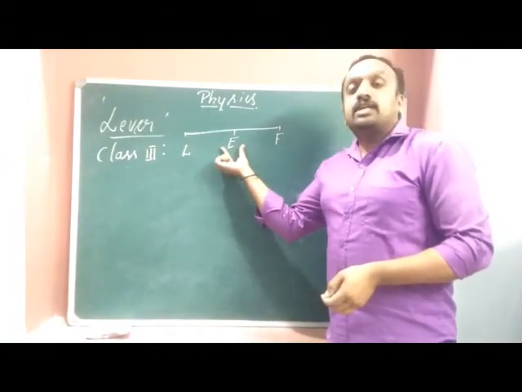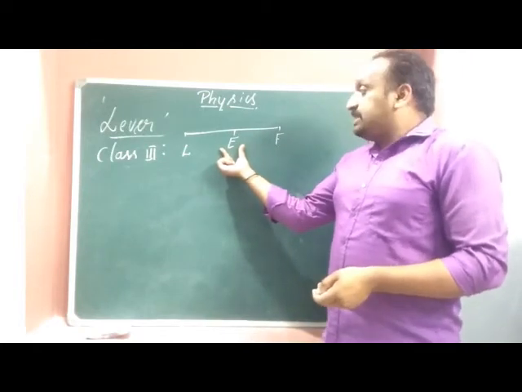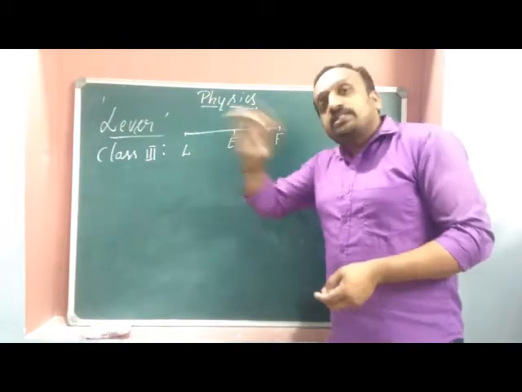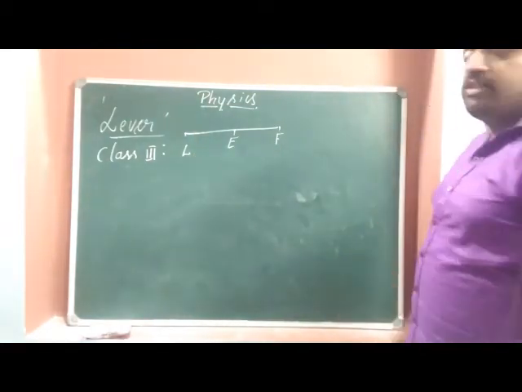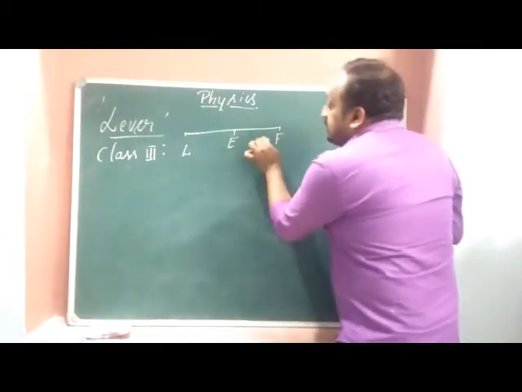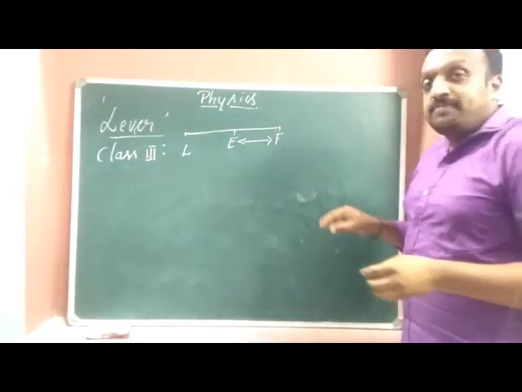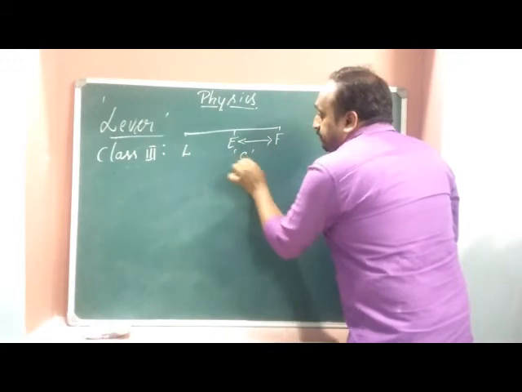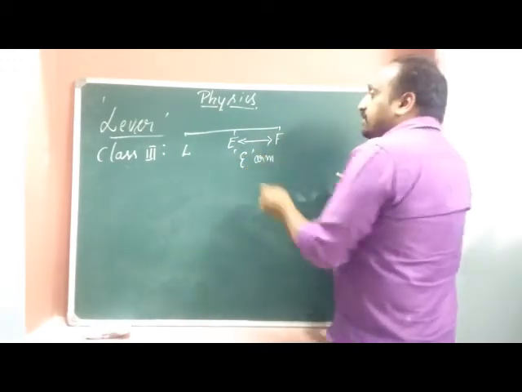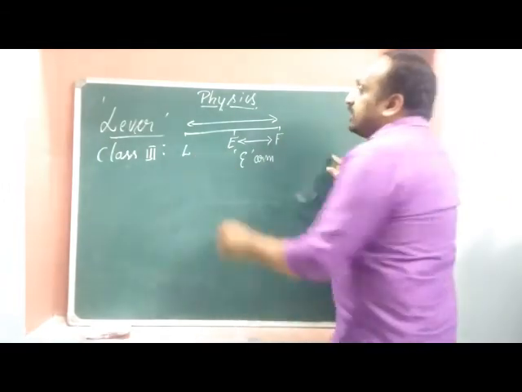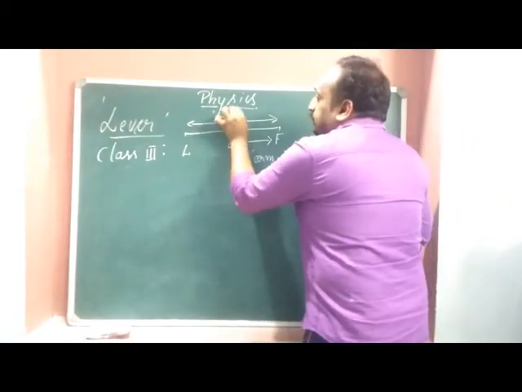If the effort comes in between the fulcrum and the load. So once again, mark the effort arm and load arm. The distance between effort to the fulcrum is effort arm. Likewise, the distance between load to the fulcrum is load arm.